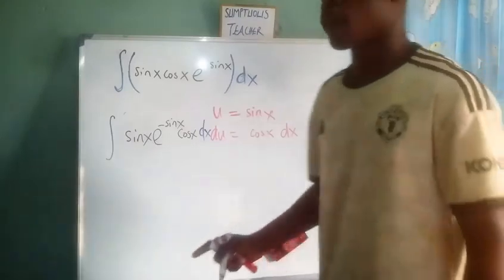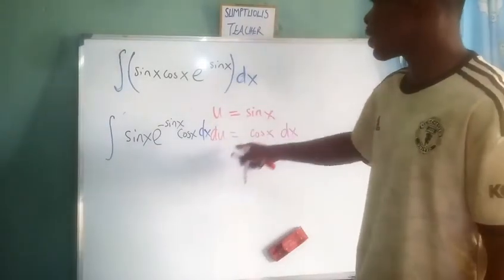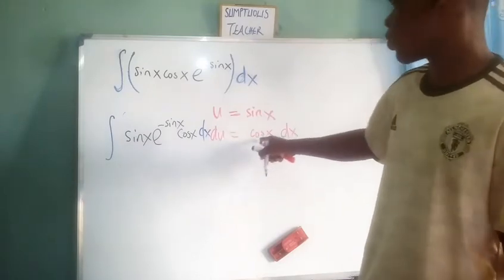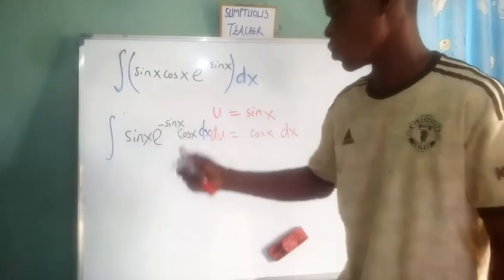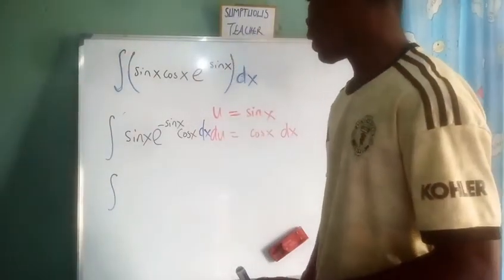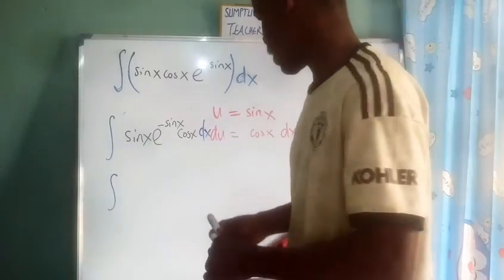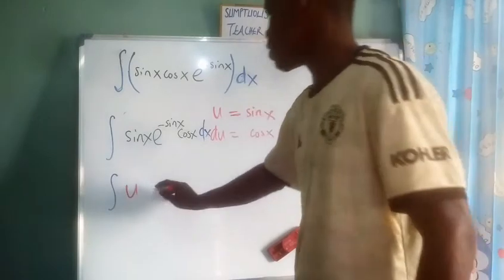Okay, great. Now we can do the major substitution here, where our u is sine x and our du is cosine x dx. So we can just go ahead and plug in u for sine x, and that gives us e to the negative u right here.